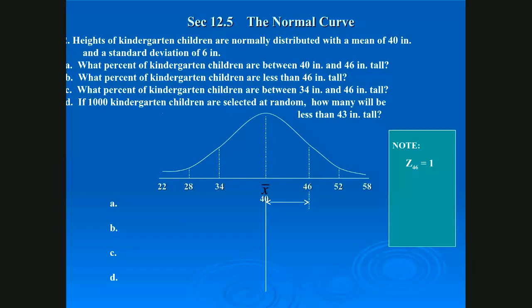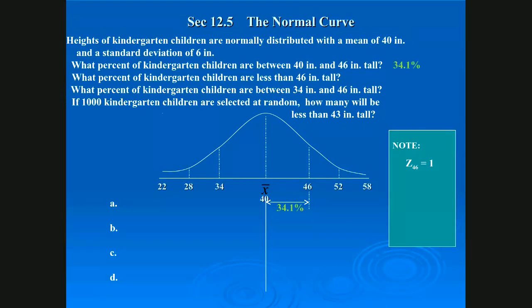So we go to our z-table, we look up a z-score of 1, and we see we have 0.341, or 34.1% of our children. So the percentage of kindergarten children between 40 and 46 inches tall would be 34.1%.